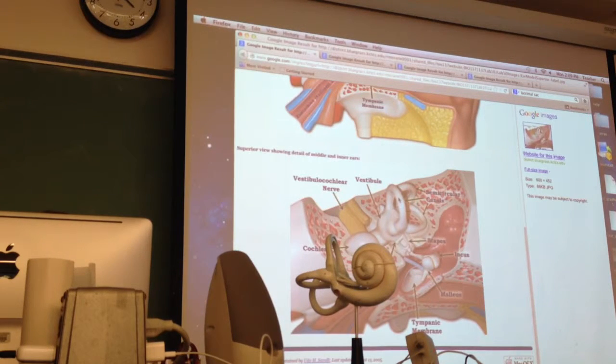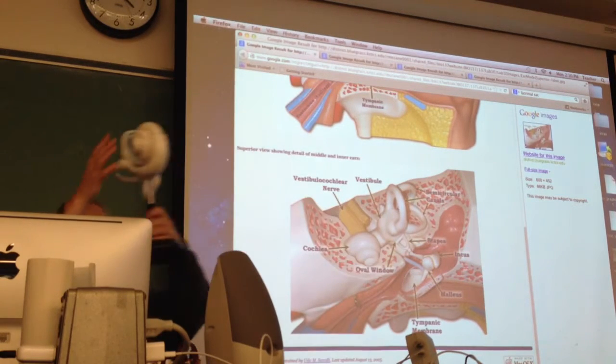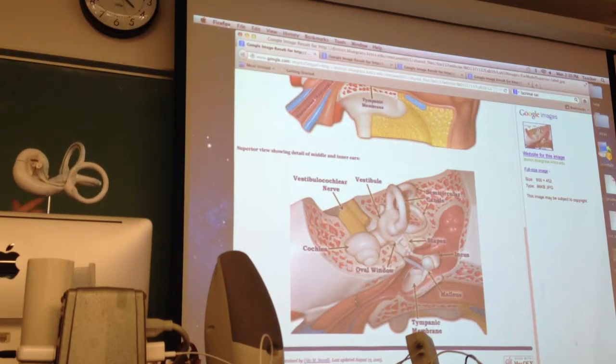Alright, so within the semicircular canals, since there are three of them, you of course need to know the difference between them. There's an anterior, posterior, and lateral, okay? So here's kind of the way that I keep them straight. Anterior stands up straight like an A, so it kind of looks like an A. The posterior one in the back kind of looks like the top part of a P without the actual portion coming down. Let me show you on this model. It kind of looks like a P, right? Posterior.